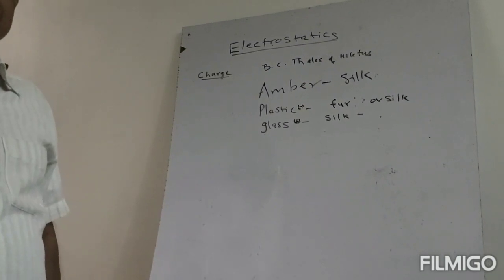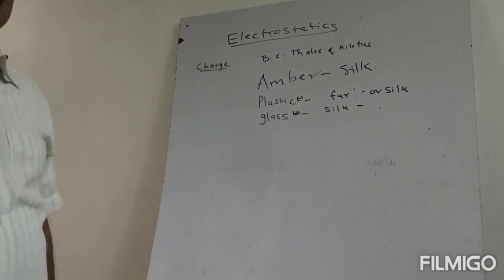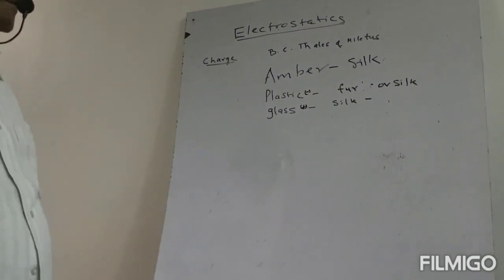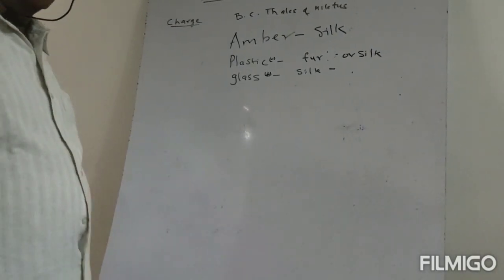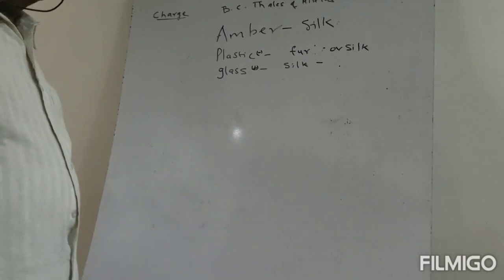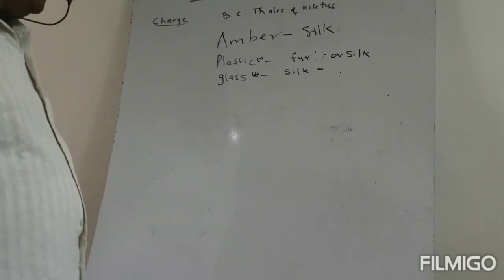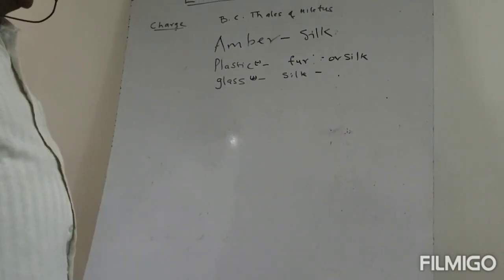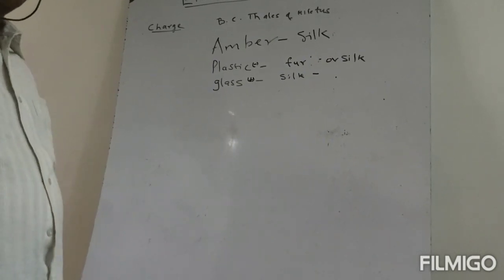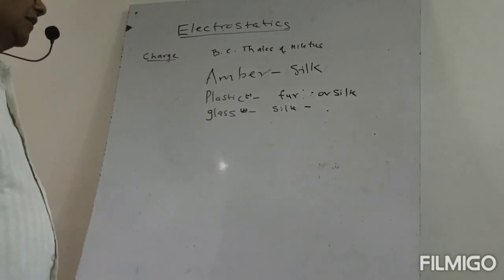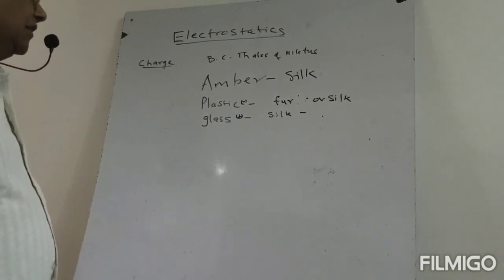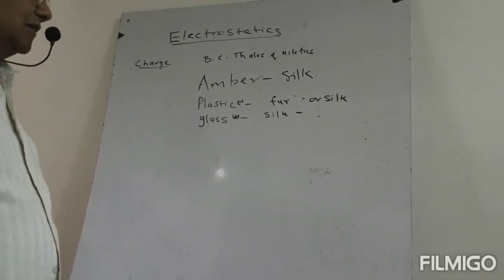In frictional electricity, we can have other pairs also, such as plastic and fur, glass and silk. If we rub plastic with fur or glass with silk, then we will get the same effect as we have seen with amber and silk.